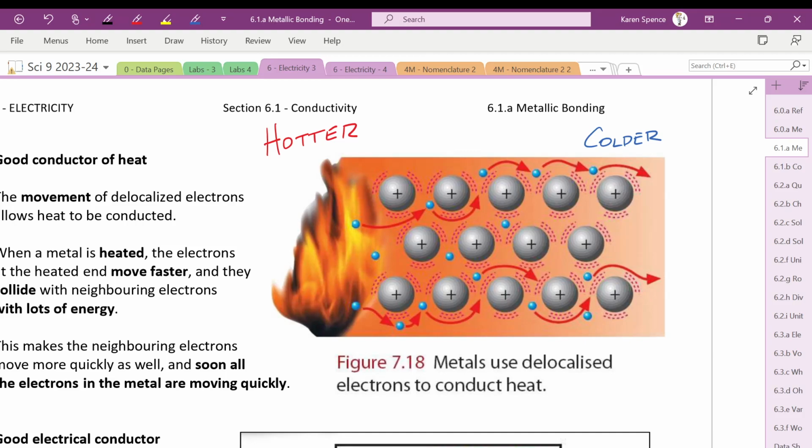And these guys are good conductors because these electrons over here move faster because of the heat. But because they are mobile, they can bash into other electrons. And if something's moving fast and it bashes into something else, it will also speed up the next particle.